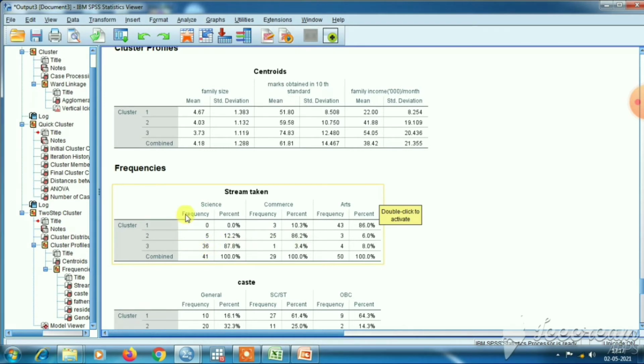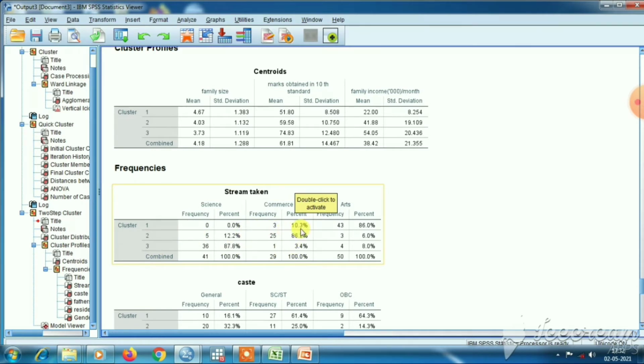From stream taken, we are getting cluster 1 0% science, cluster 2 12.2% science, and cluster 3 87.8% participants opting for science. So we can say there is a huge amount of science participants in cluster 3.